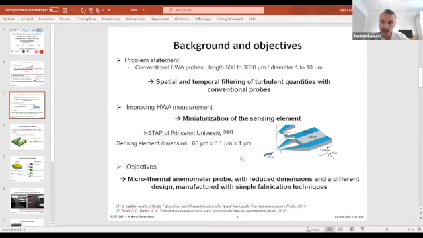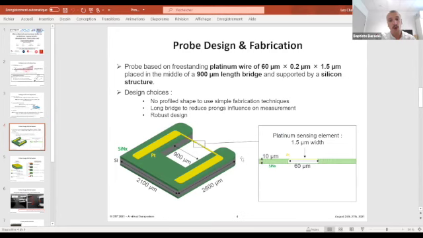Building on this past work, we attempt to build a microthermal anemometer also, but this time with a different design and simpler fabrication techniques. The design of our probe is based on a freestanding thin platinum wire placed in the middle of a long bridge supported by a silicon structure.